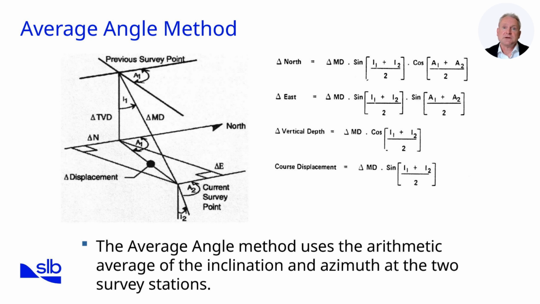In modern operations, especially in complex extended reach or horizontal wells, more precise methods like the minimum curvature method are typically preferred. But the average angle method remains an important concept: simple, fast, and useful in early planning or for quick calculations when high precision isn't critical.